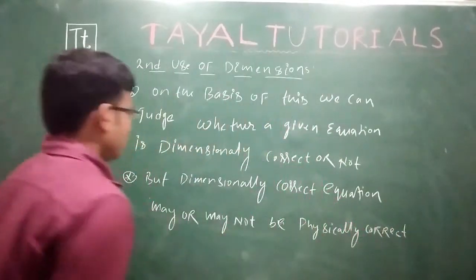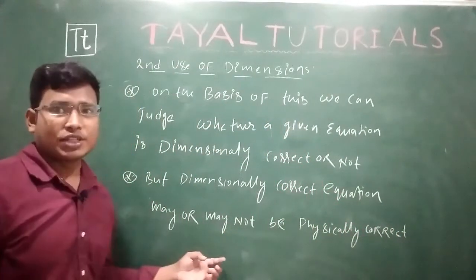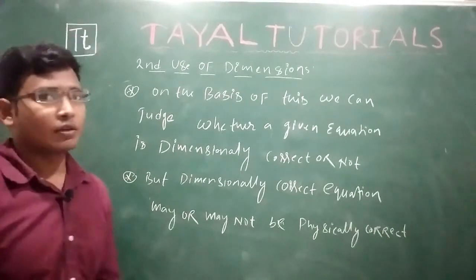Dimensionally correct equation may or may not be physically correct. These are the points of the principle of homogeneity.